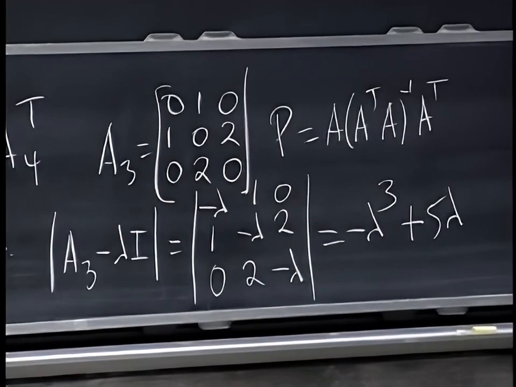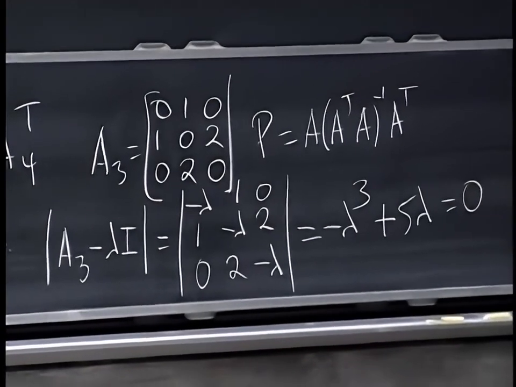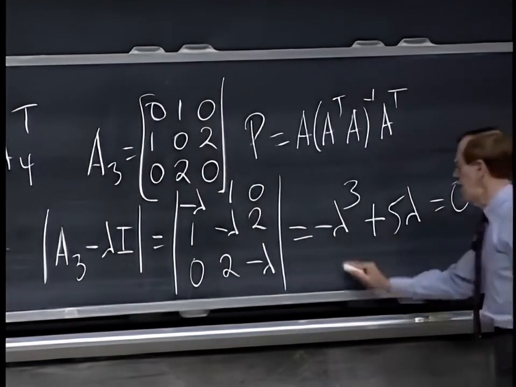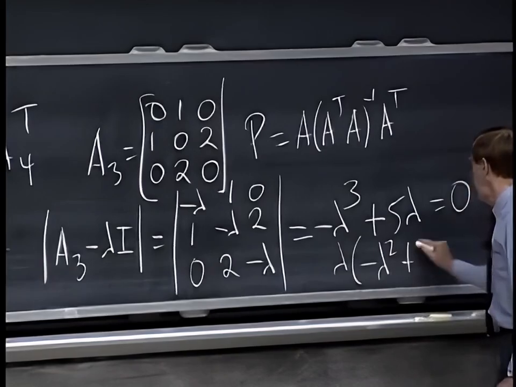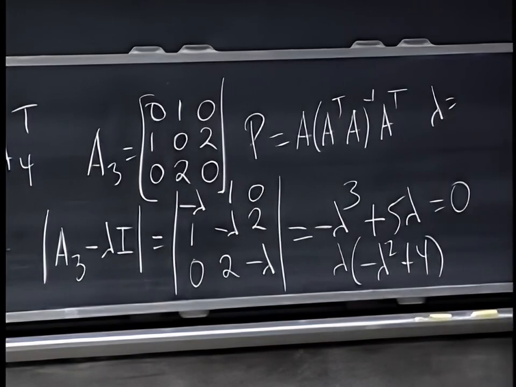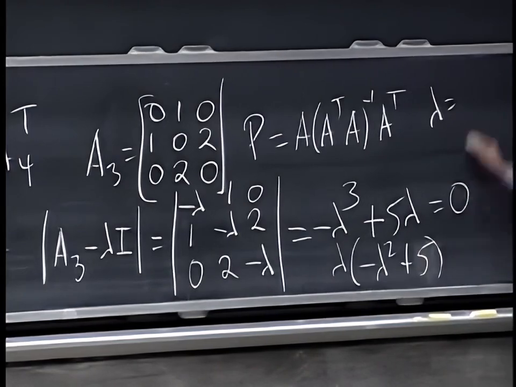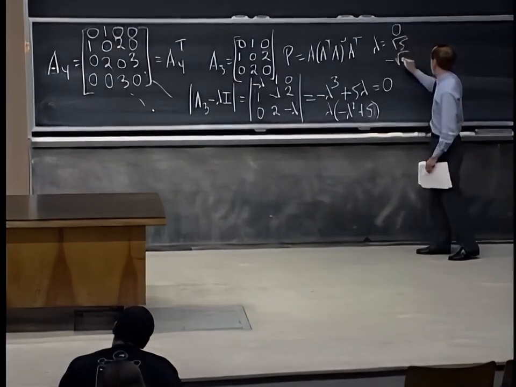That looks like the determinant of A3 minus lambda I, so I set it to 0. So what are the eigenvalues? Well, lambda equals 0. Lambda factors out of this, times minus lambda squared plus 5. So the eigenvalues are 0, square root of 5, and minus square root of 5.